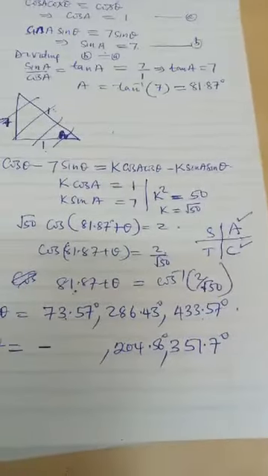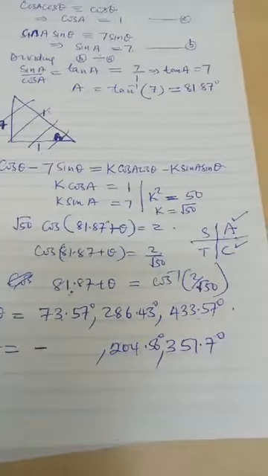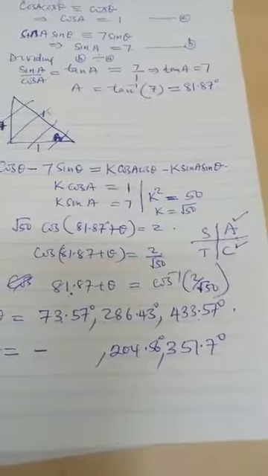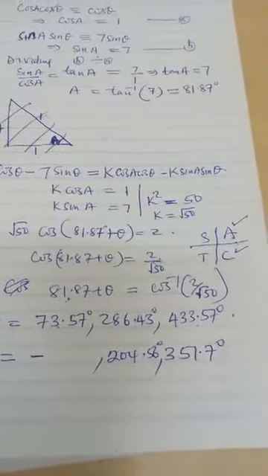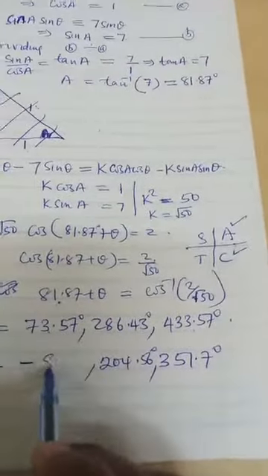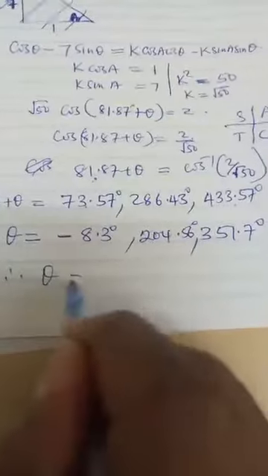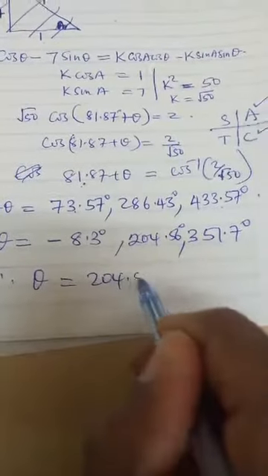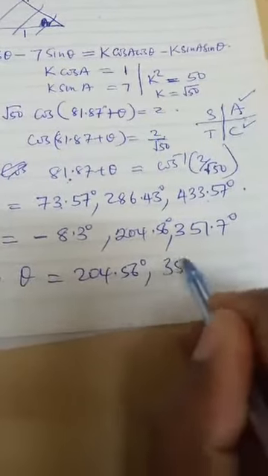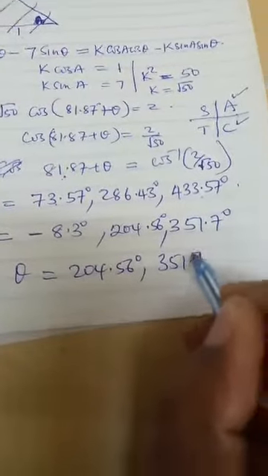And of course the other one is that negative angle, which we can just write before we conclude, and that will give us negative 8.3 degrees. So conclusively, our values of theta should be 204.56 degrees and 351.7 degrees.